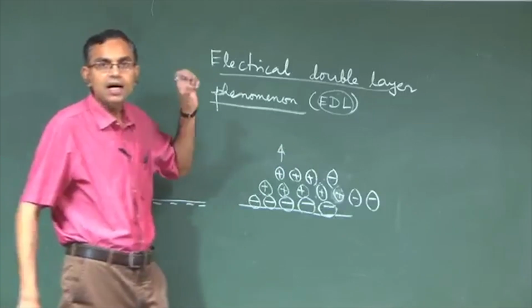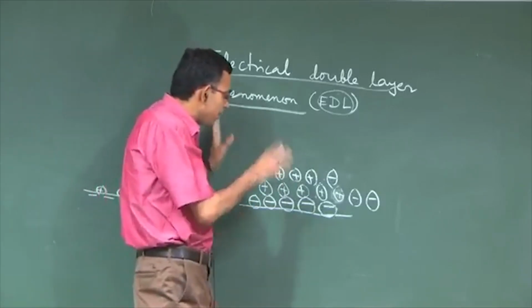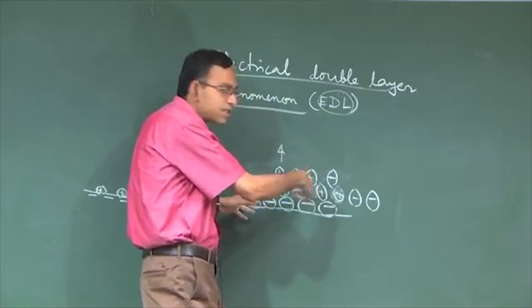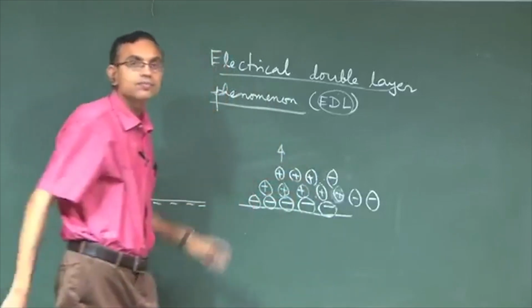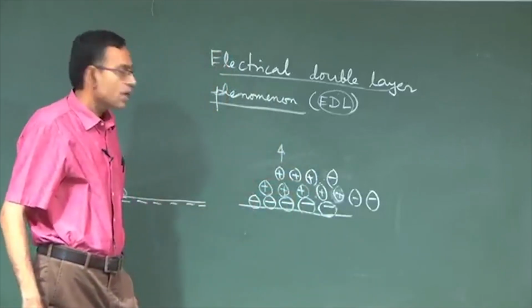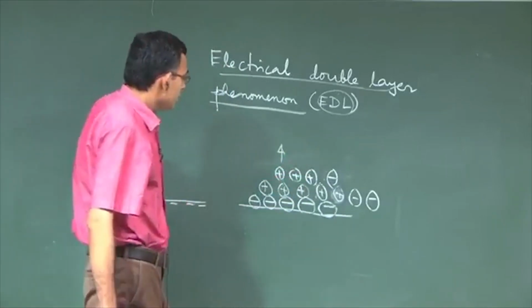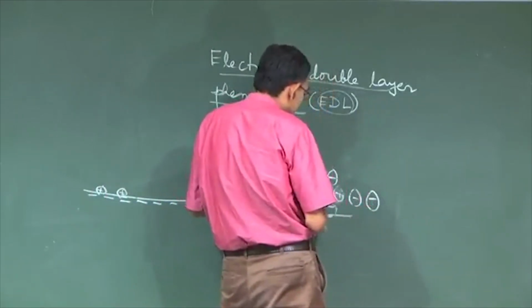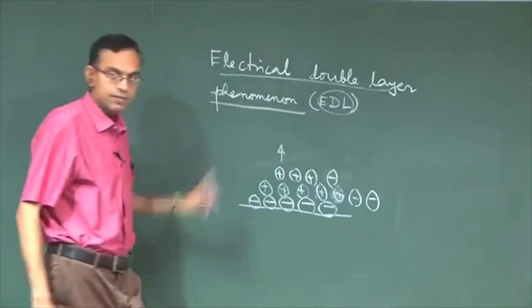My whole idea is to give you an impression that the surface has a charge, and the bulk fluid will have the opposite of that charge to make the system electrically neutral. Because of the charge difference between the positive and the negative charge, a potential will be developed across this.